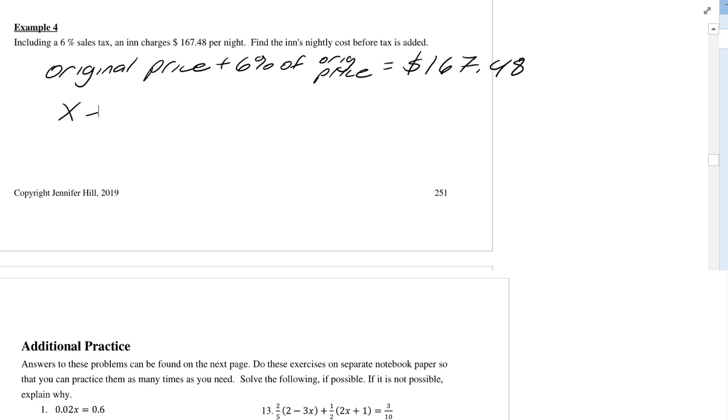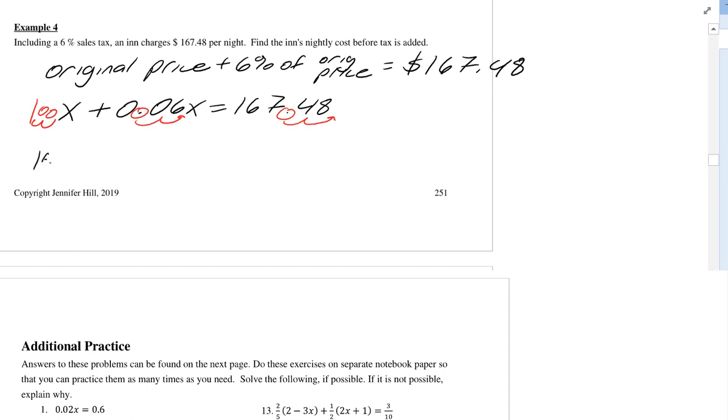So this turns into x plus 0.06x equals 167.48. And now I can move all the decimals. So remember, there's like an invisible 1 in front of this x, and so the decimal is here. So I'm going to move this 2 spots, I'm going to move this 2 spots, and I'm going to move this 2 spots.